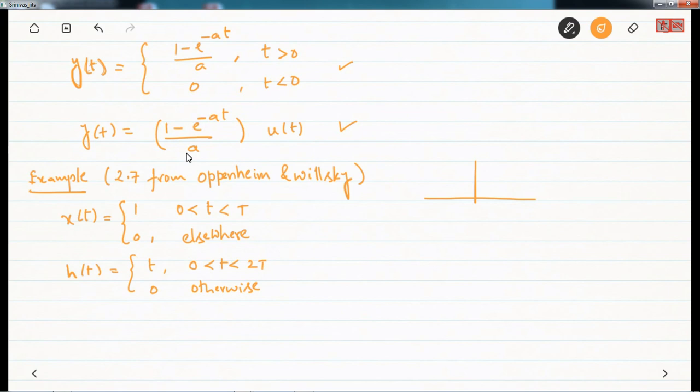So now we have to obtain y of t equal to the integral from minus infinity to plus infinity of x of tau, h of t minus tau, d tau. So we need to find the product x of tau into h of t minus tau, and then we have to integrate that product from minus infinity to plus infinity. Then we'll get y of t.